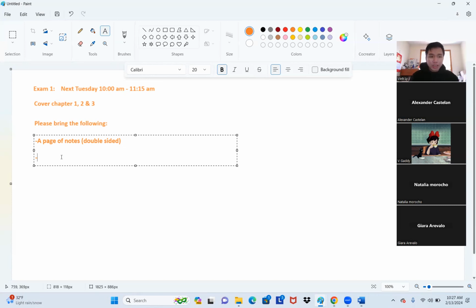Also we should bring a physical calculator. So the physical calculator, or if you'll be using a decimal and phones, make sure that you check the connection, so check with no connection.